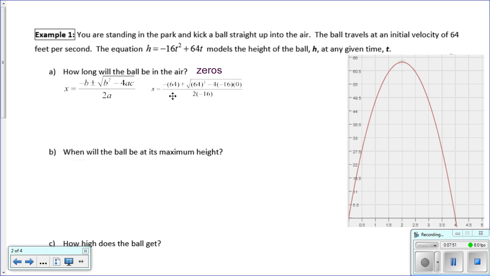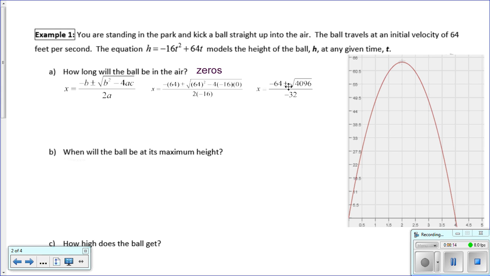Where did I write this? There it is. Sorry it's really small, but I need to fit a lot into a little space. So we get negative 64 plus or minus, the minus is under there, you just can't really see it, plus or minus the square root of 64 squared minus 4 times negative 16 times 0, all over 2 times negative 16.